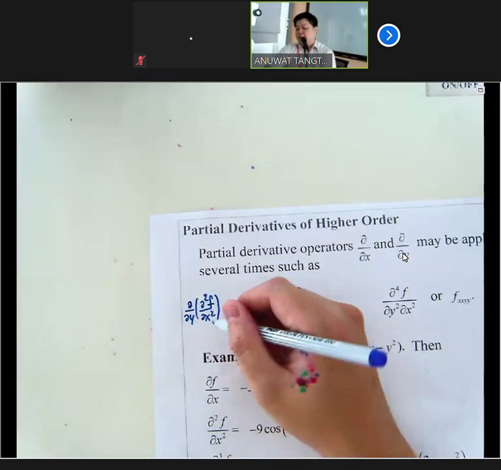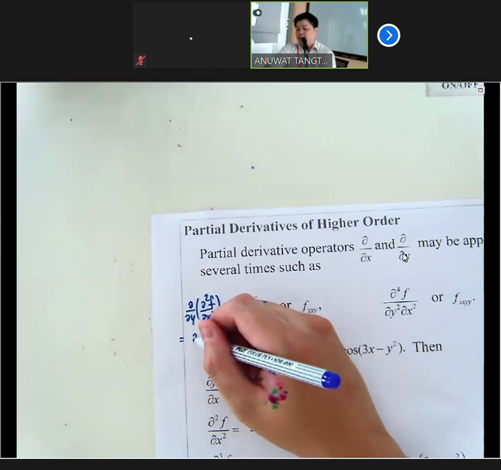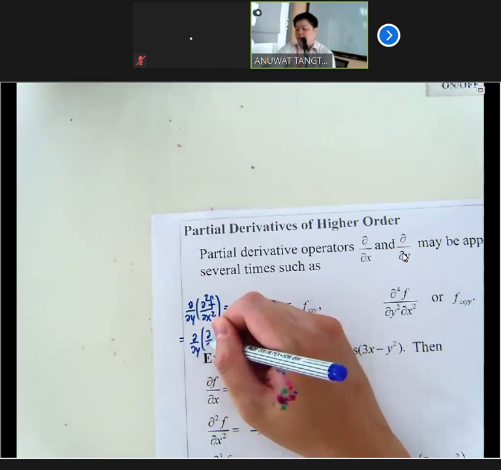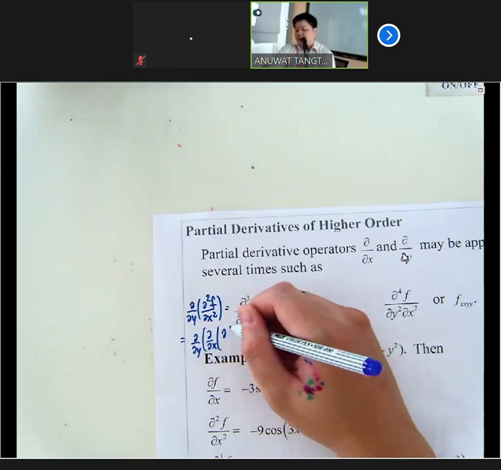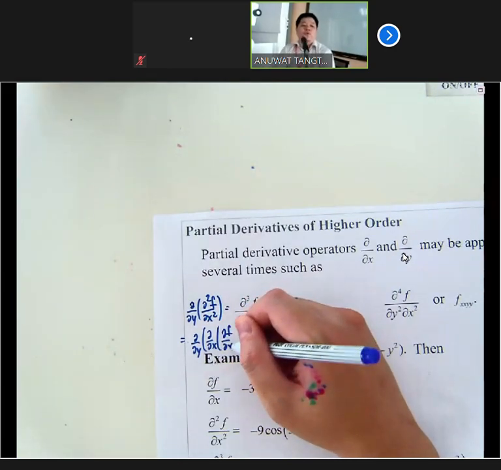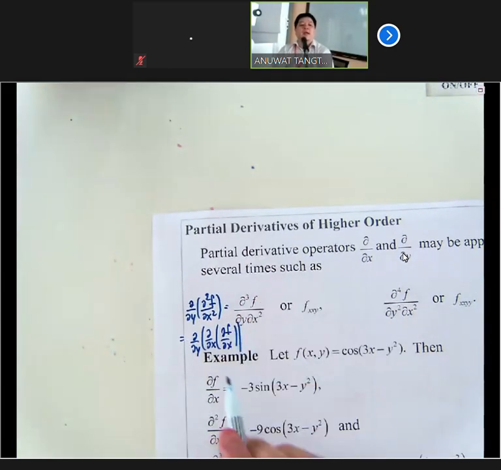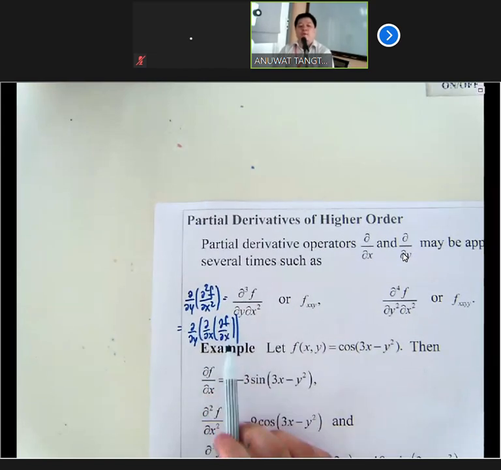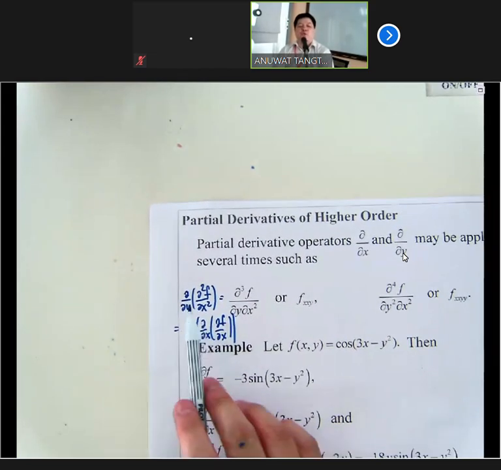And d square f by dx square would be d by dx of df by dx. That means we need to find d by dx first, and then find the derivative with respect to x one more time. And lastly, we do d by dy.